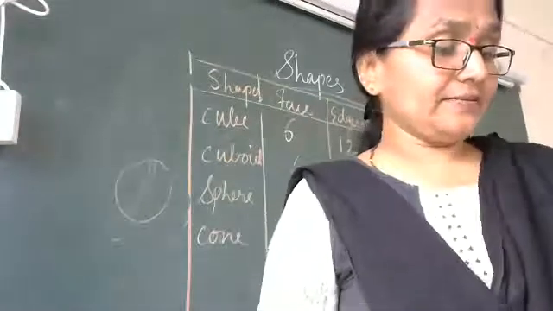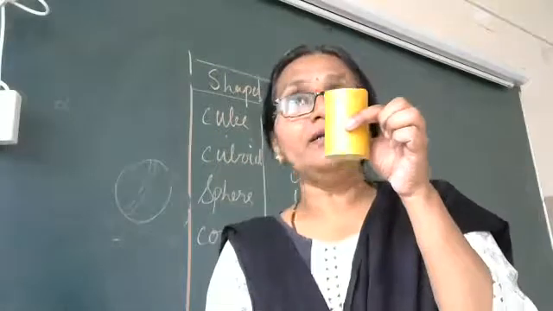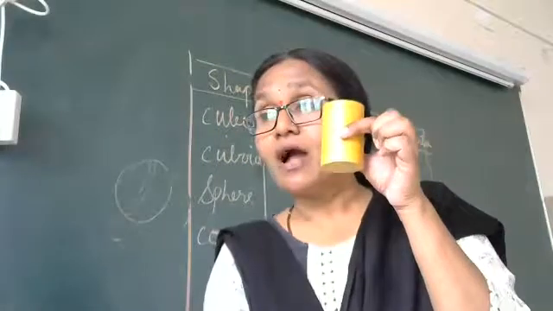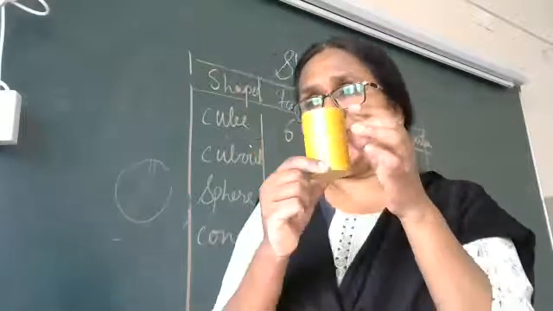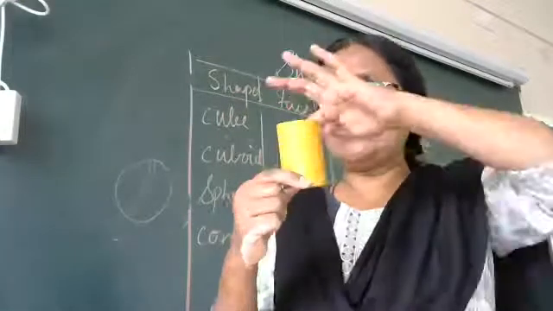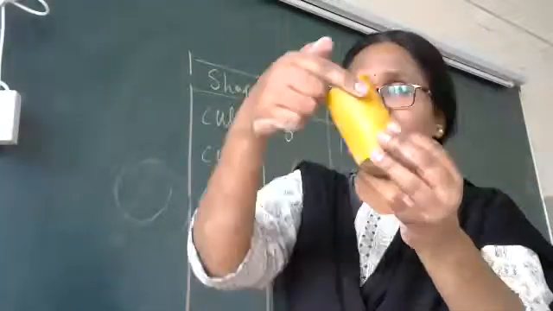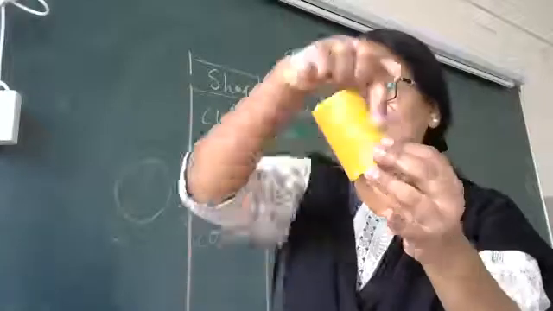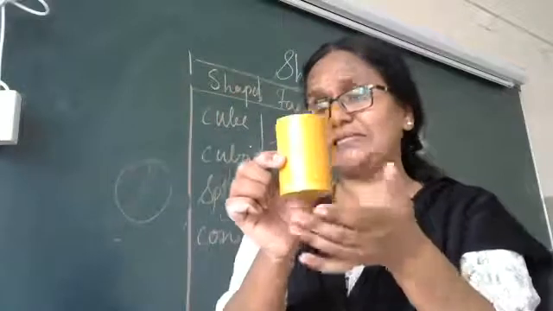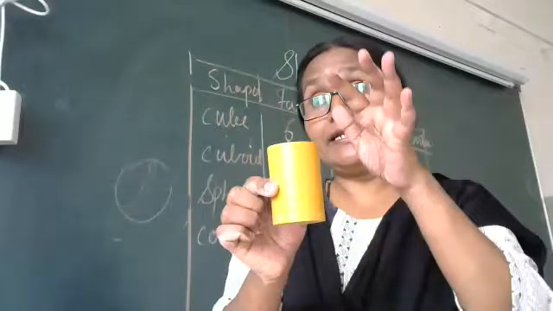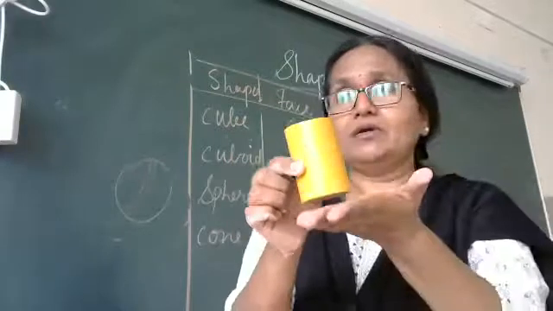Now the cylinder. Now look at the cylinder. Can you tell me how many faces now? In your book they are telling 3 faces. So how is that 3 faces? The whole cylindrical shape is one face. See this shape, full round I'm turning, it has one face. Then the second face is this, that is 1, that is 2, and down one more.